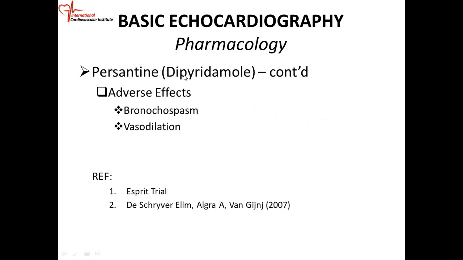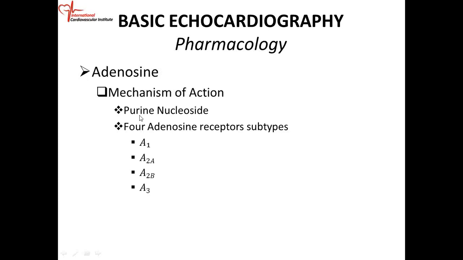So the adverse effects of persantin: if the patient has bronchospasm, is asthmatic, you have to be very careful because persantin can cause bronchospasm and the patient can start wheezing. Okay, they may get flushing because it causes vasodilatation.